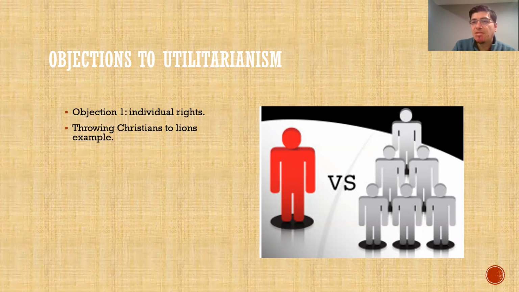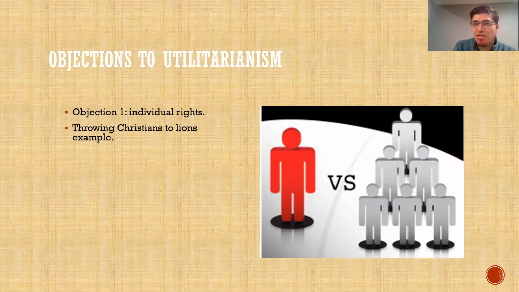Yet utilitarians have a hard time with that case because arguably, if the stadium is full and everyone derives a lot of joy out of seeing Christians being torn apart, more joy can come about, at least in principle, from throwing Christians to the lions, despite the fact that Christians will suffer a lot.